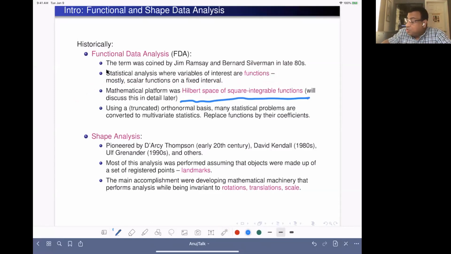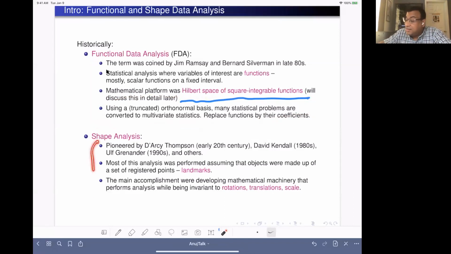And once you have this choice of a metric, then under that metric, you can use a complete orthonormal basis, you can truncate representation, you can take any function and represent it by its truncated coefficients, and now it all becomes multivariate statistics because you just have a finite number of random variables, just the random coefficients. Okay. So this is a little bit about what functional data analysis is.